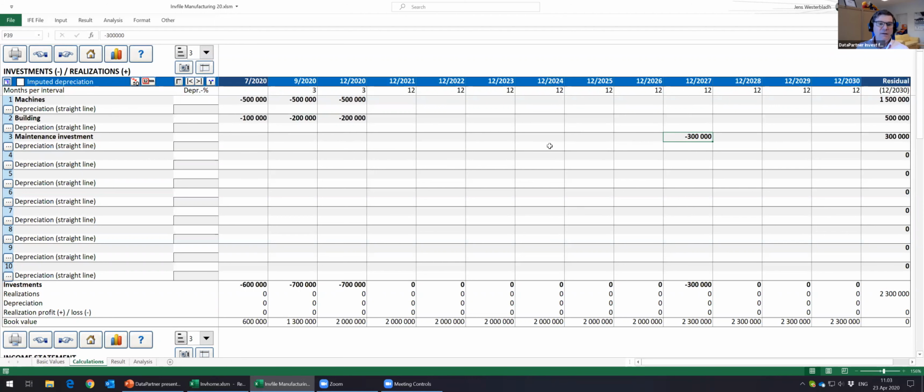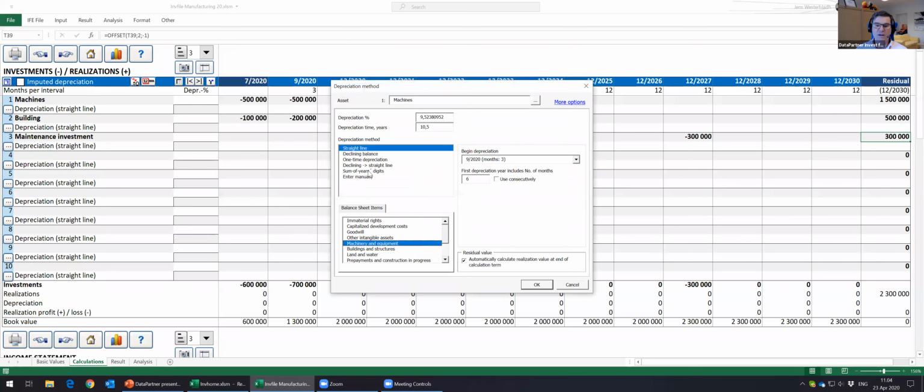And then I will put in the depreciations. If I don't put depreciations, then the full book value is automatically taken as the residual value in Invest for Excel. This is a setting that you can adjust to your liking. It's pre-selected, an automatically calculated realization value at the end of the calculation term, but I can also deselect it and then it will not do it.